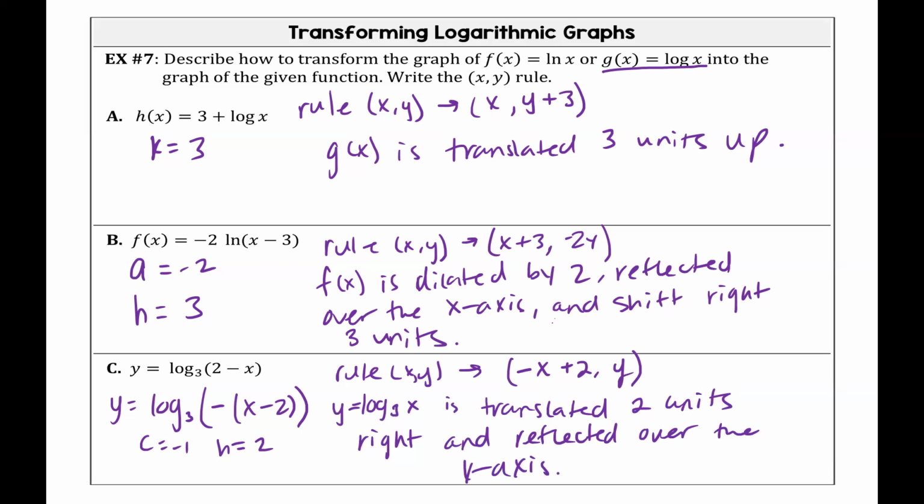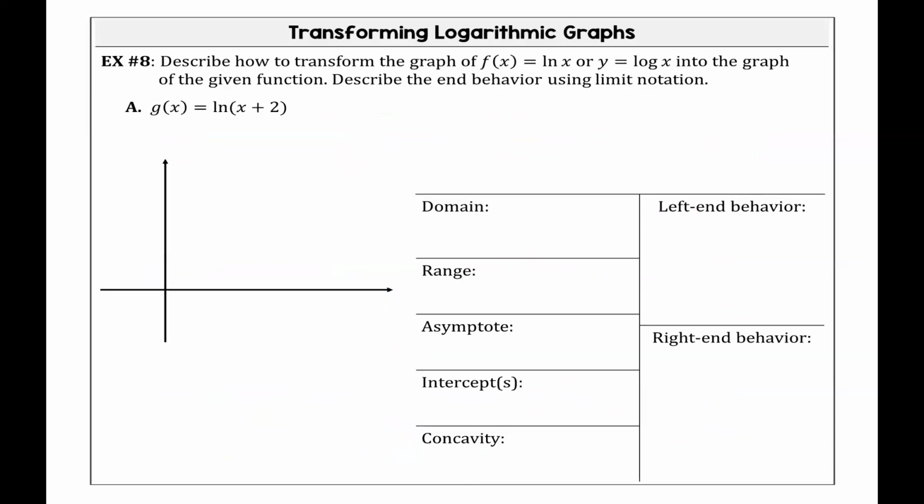All right. So what you're going to do is practice describing the transformation, drawing the transformation, and then stating the attributes. So that's for A, B, and C of example A. I'm going to give you 5 or 6 minutes.